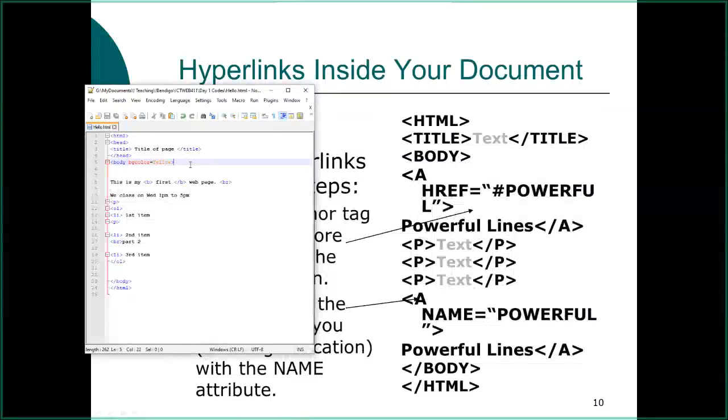So we can change all of this, or we can just add to the bottom. Down here we put our A for anchor, href equals our quotes, which is our lovely, powerful, close the quotes, close the anchor.